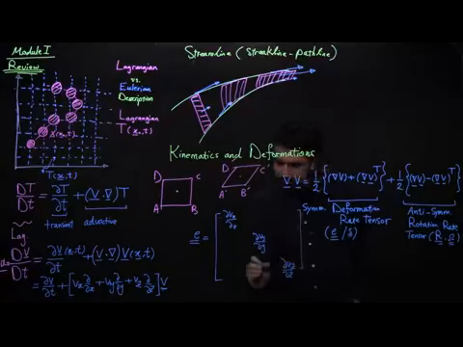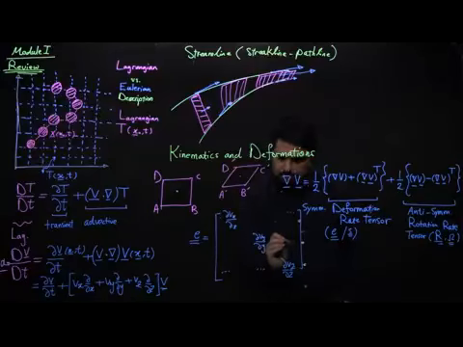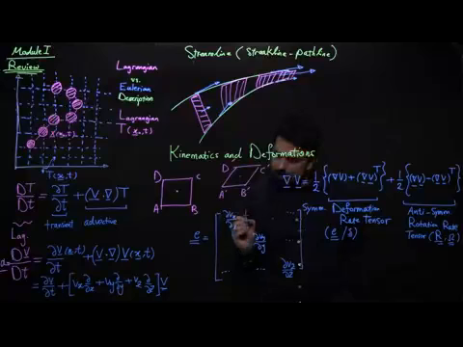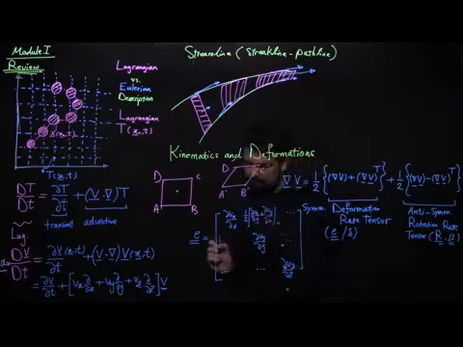Off-diagonal elements, you can calculate them. I just write down one of them for you. You can go back to your notes and see them. But one of them, for example, here will be half of dvx over dy plus dvy over dx. And this is a symmetric tensor, so exactly the same component repeats here.